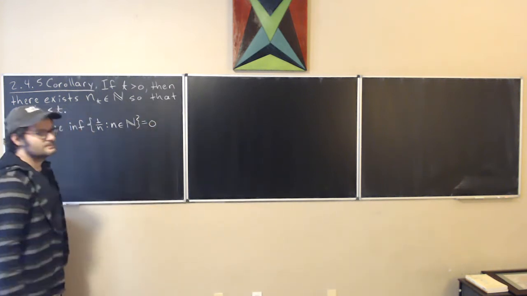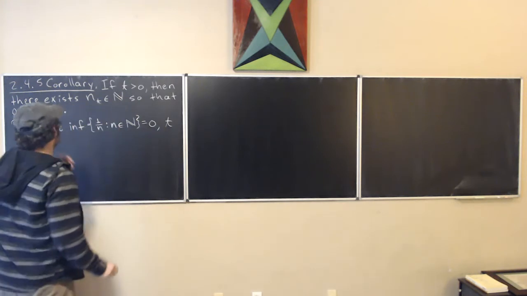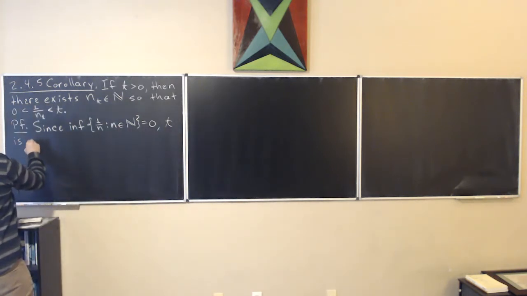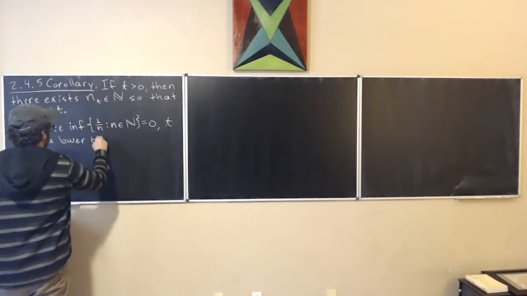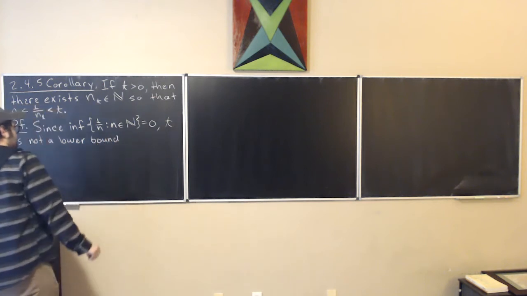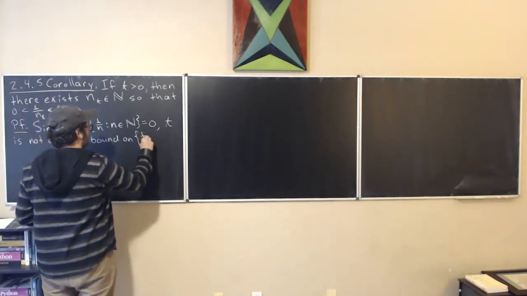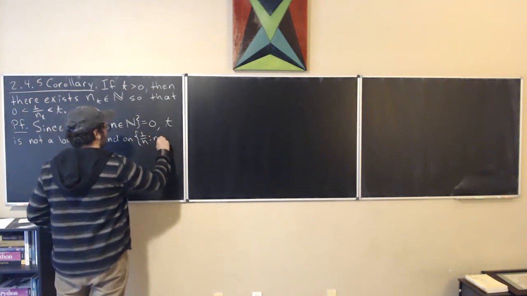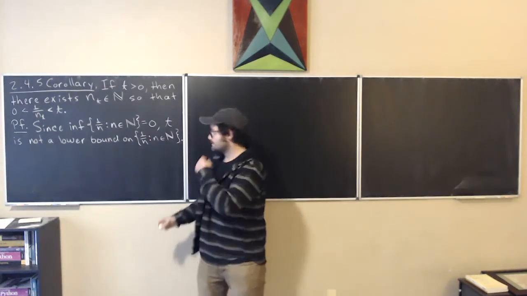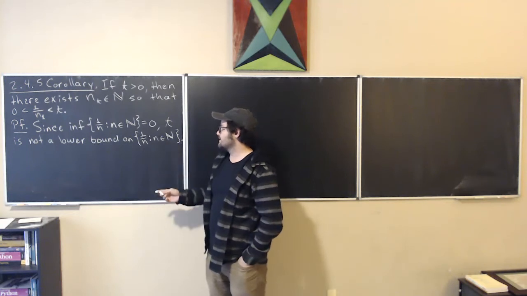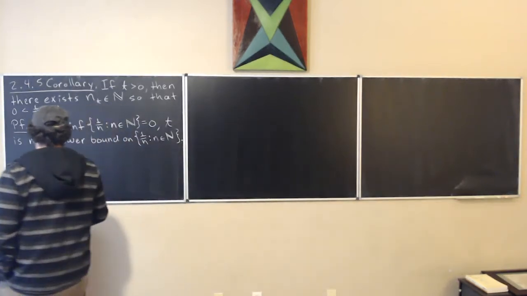So since the infimum is 0, T, if it's greater than 0, is not a lower bound on this set. What does that imply? That implies that there exists some element of this set that's smaller than T, because T is greater than 0 and the infimum is 0.